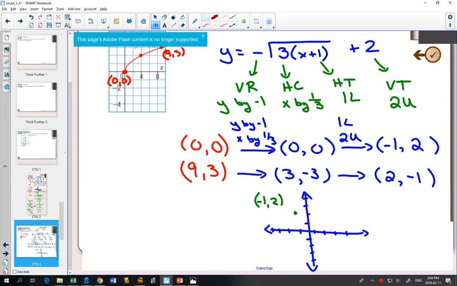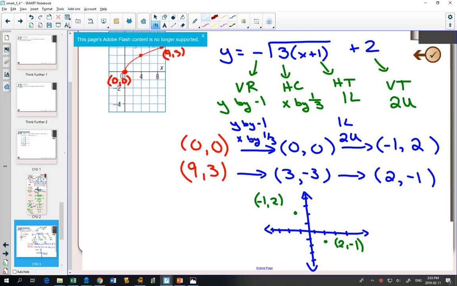And we'll also have the point 2, -1. And now we have those 2 points, and we need to graph something that has the right shape that's similar to the shape that we started with.